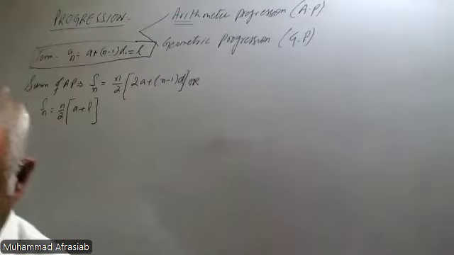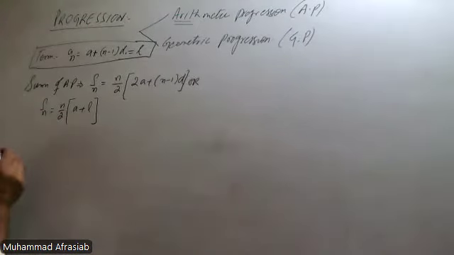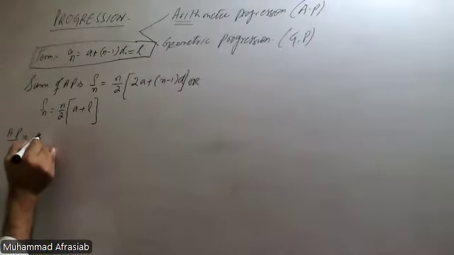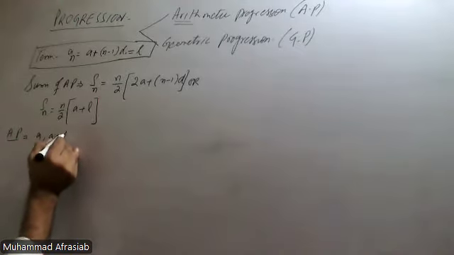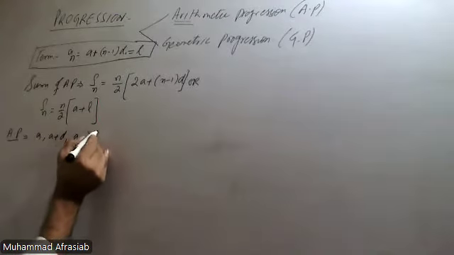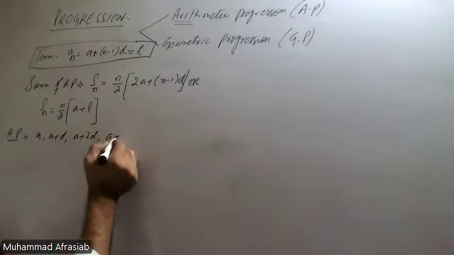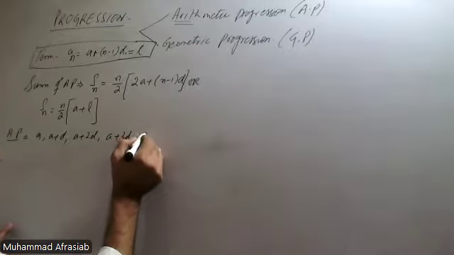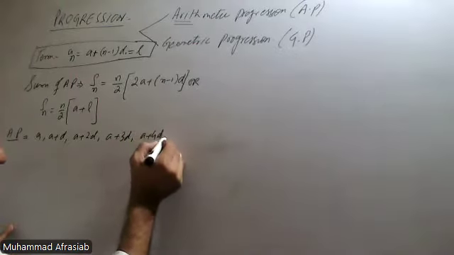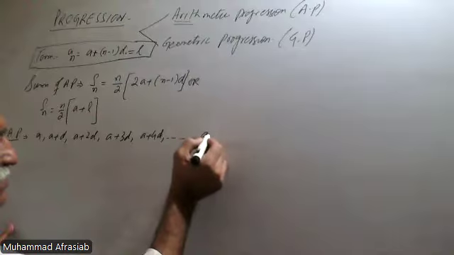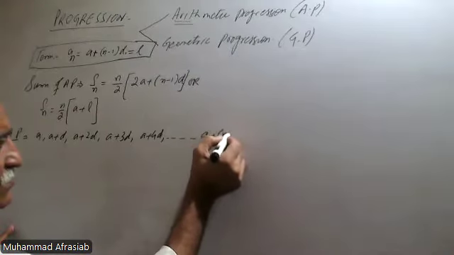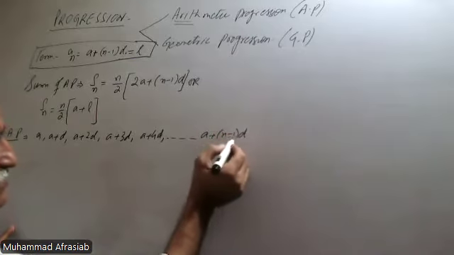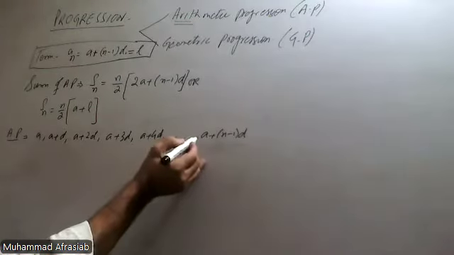We know that the arithmetic progression is a, a plus d, a plus 2d, a plus 3d, a plus 4d, up till a plus (n minus 1) into d. This is the arithmetic progression.